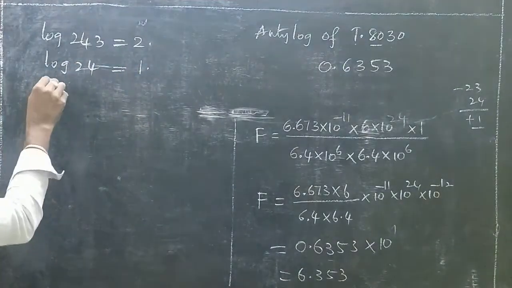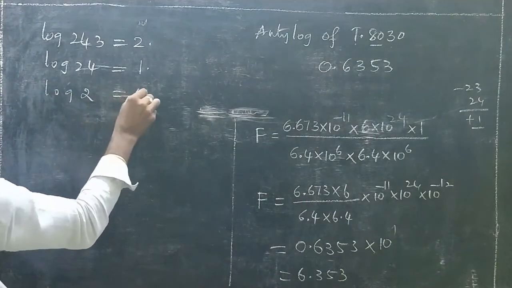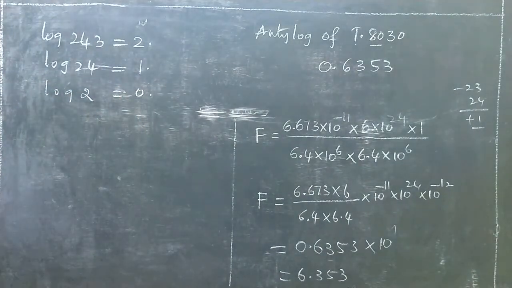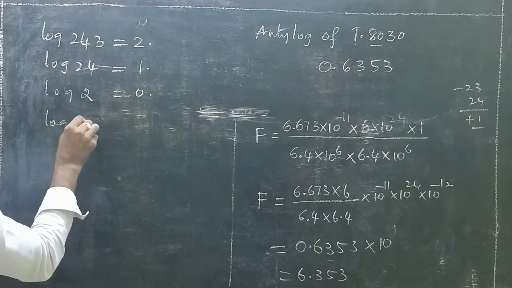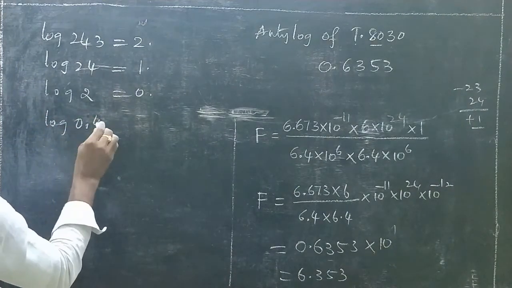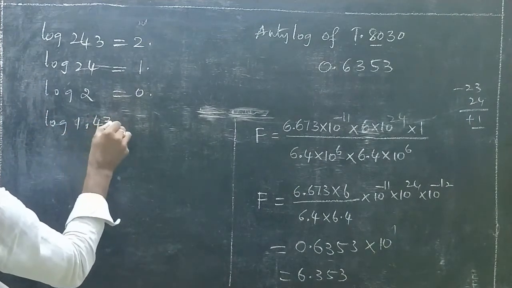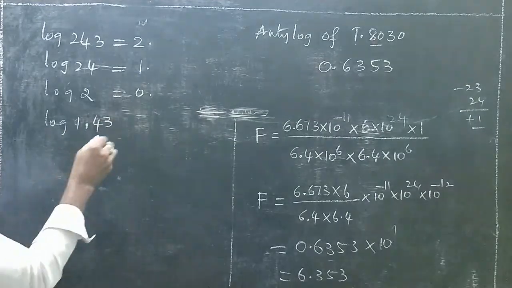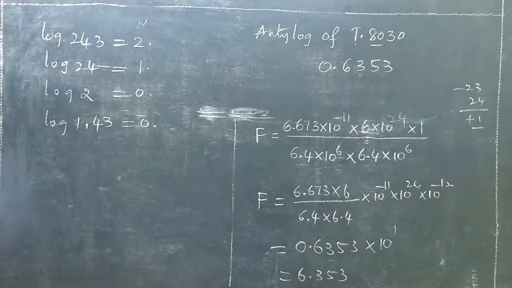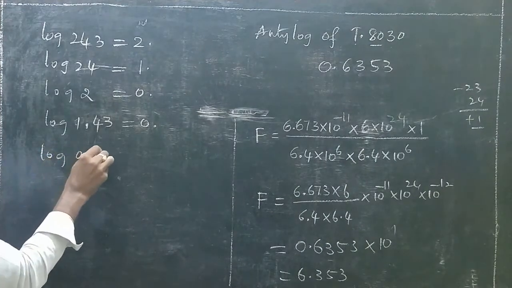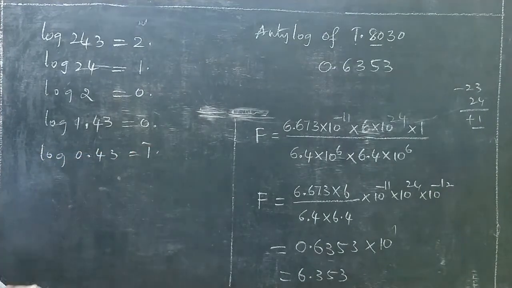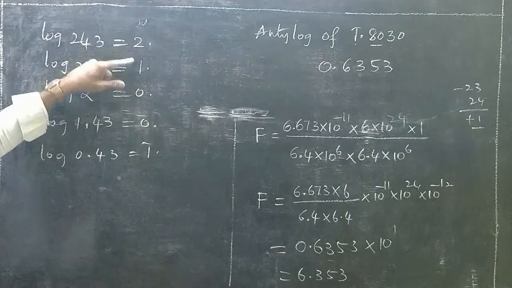Log of 2: the characteristic is 0 point. Log of 1.43 is also 0 point. Log of 0.43 is 1 bar point. So these are all characteristics.